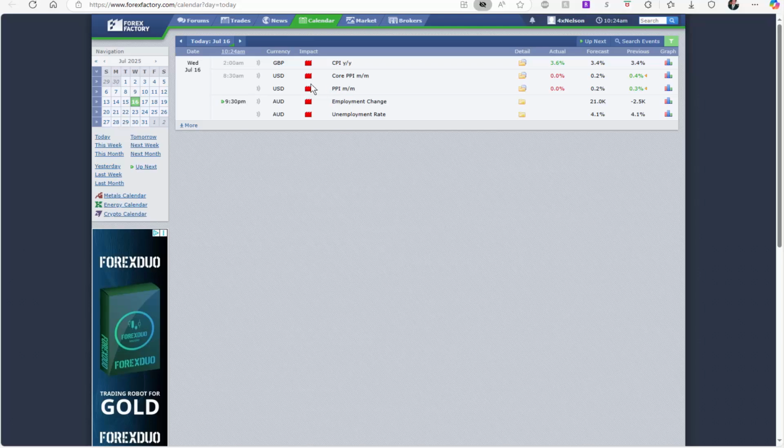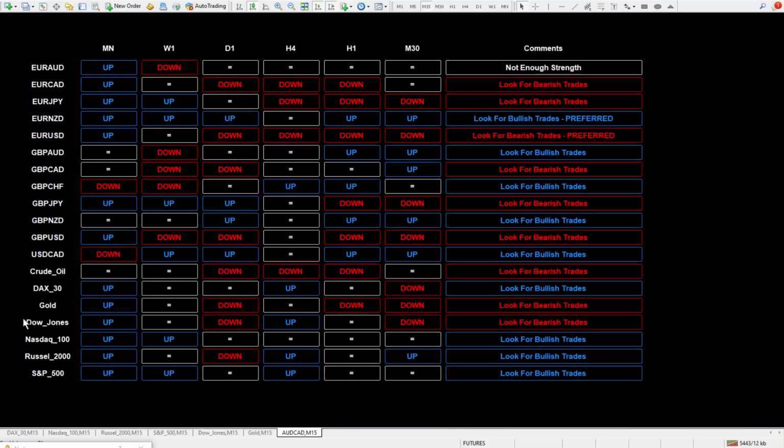It's red, it's high impact, and the market will move. And of course, it's red, the actual, which means on the USD, we're going to be selling the US dollar. But it will affect many different instruments.